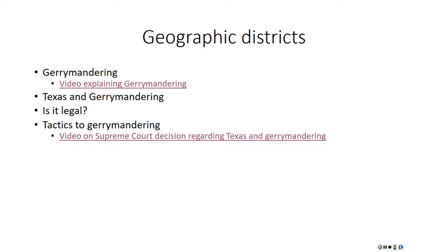Why would we do that? Remember what I said: to represent a district, you have to live in your district. So now that means that to represent Texas, the original representative from District 1 has to run against the original representative from District 2. So you have a Democrat versus a Democrat.